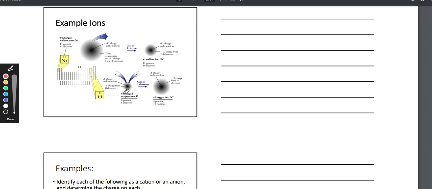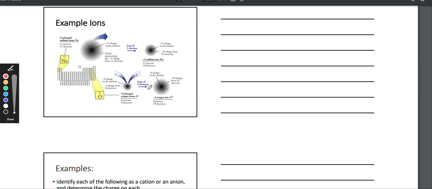When it comes to the uncharged oxygen atom, it has 8 protons and 8 electrons. They both cancel out, so I have 0 charge on elemental oxygen. Oxygen always gains 2 electrons.